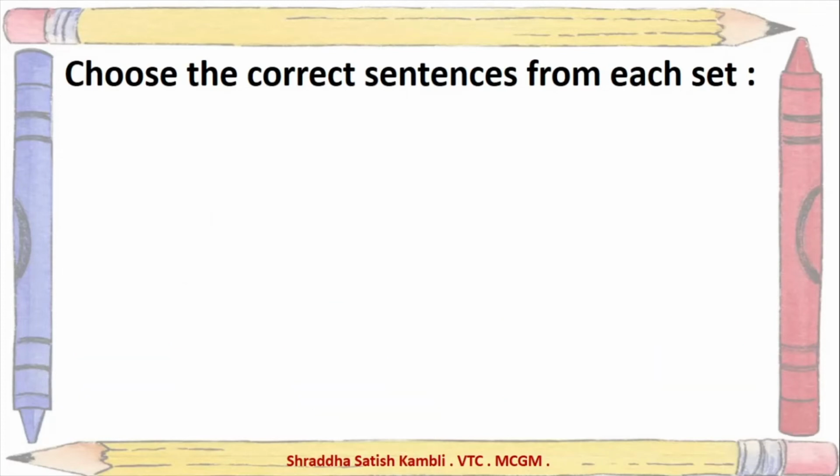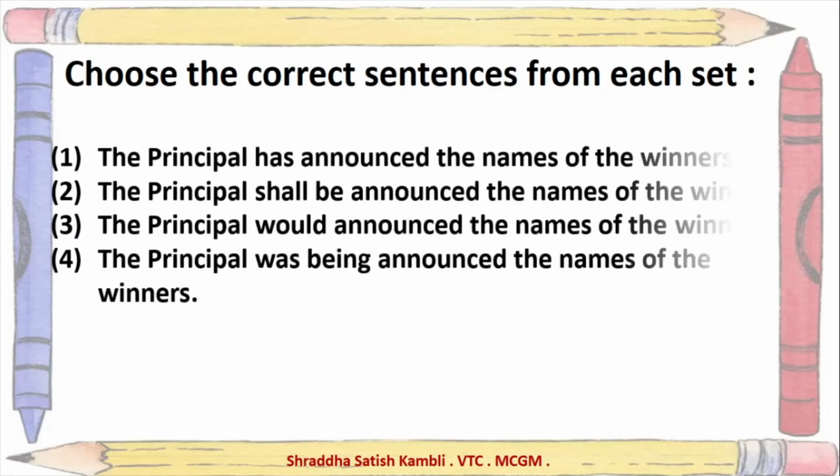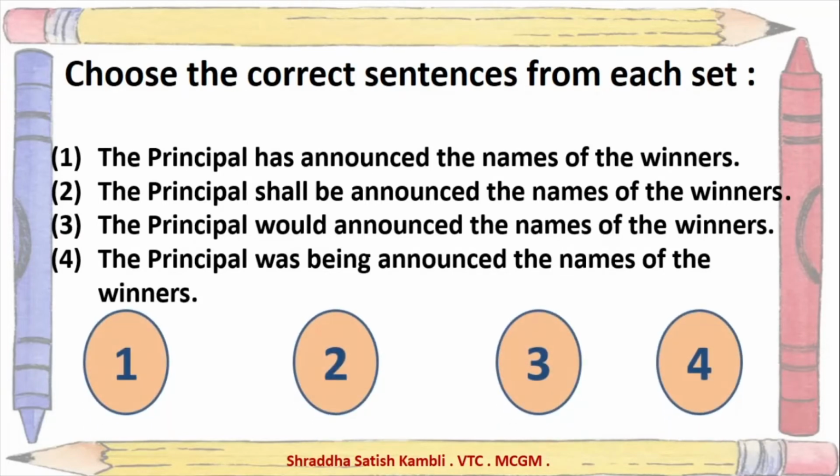Coming to the next example here. The principal has announced the names of the winners. The principal shall be announced the names of the winners. The principal would announced the names of the winners. The principal was being announced the names of the winners. So which one is the right one? Is it 1, 2, 3 or 4?